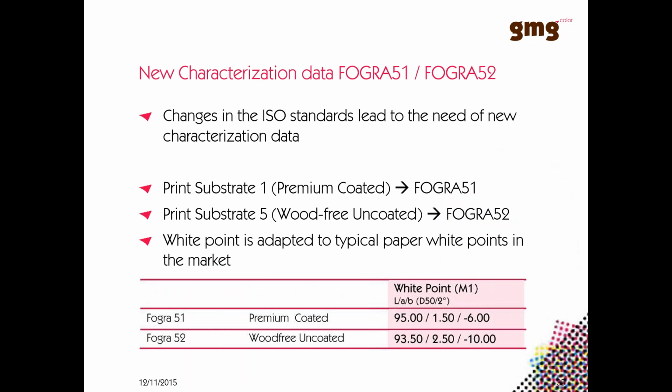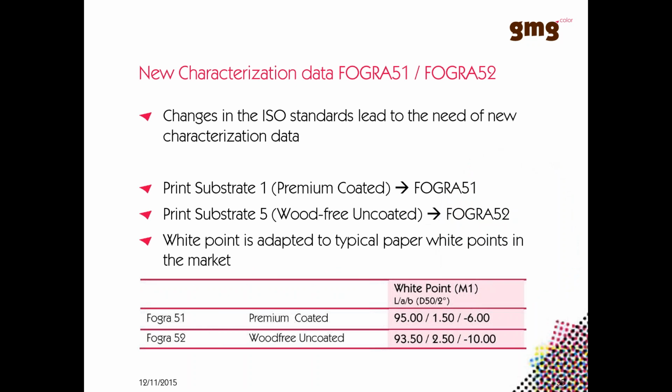New characterization data sets FOGRA51 and 52 have been carefully developed. So we first looked into what are the most important printing conditions from the new ISO 12647-2 to be renewed.